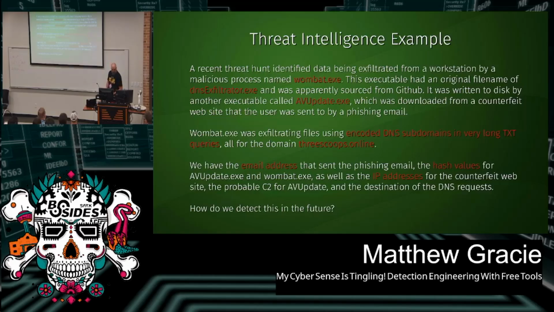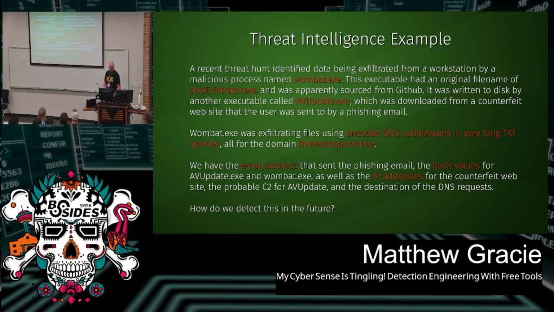We've got wombat.exe's information, right? We've got the hash value, we've got the executable name and all that. We've got the original file name, DNS exfiltrator. We've got avupdate. We've got the actual network traffic where it's encoding DNS subdomains. We have the top-level domain and the domain name 3scoops.online. We have email addresses, we have hash values, we have IP addresses, right?